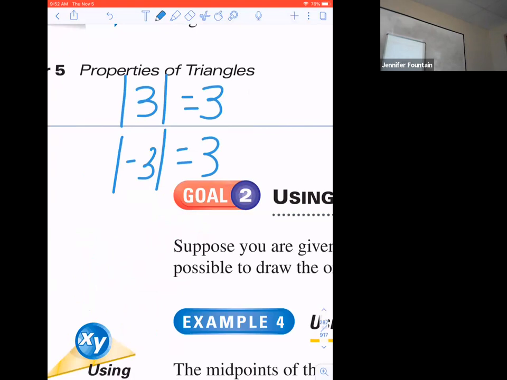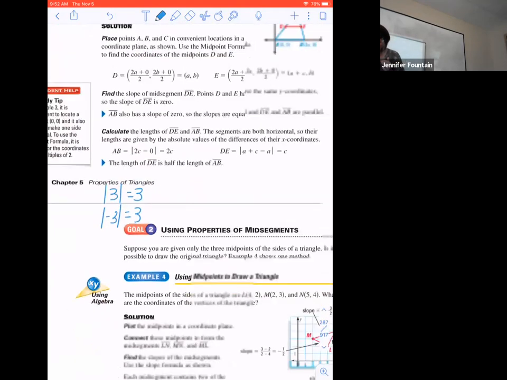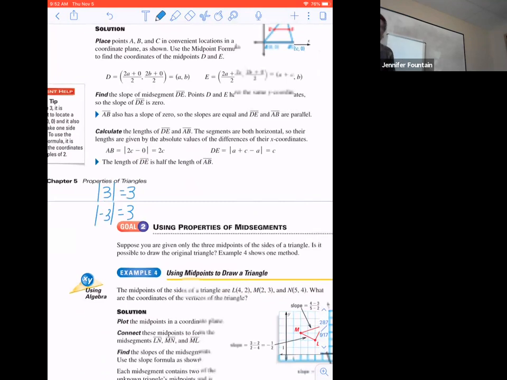I cannot have negative distance, okay? So even if I had 3 minus 6 and I end up with -3 like this, my distance is still going to be +3, okay? So that's going to be something to pay close attention to, that when you're looking at the distance, even though it may be negative, it's absolute value, so it's going to be positive.